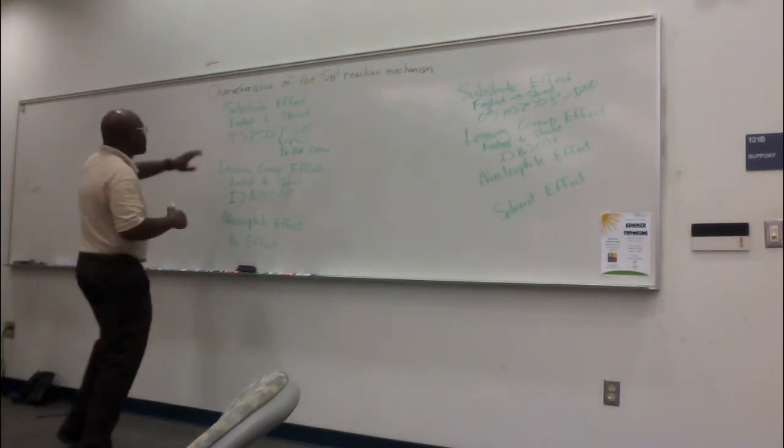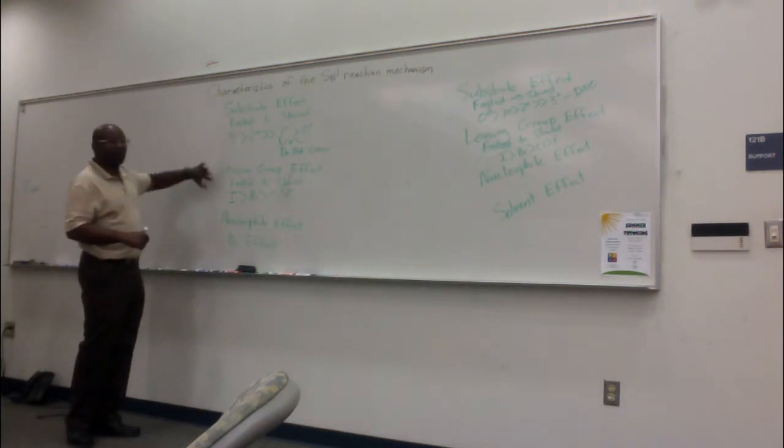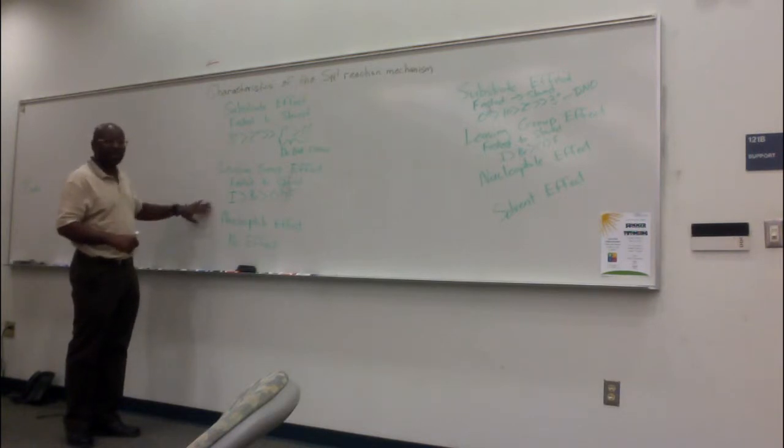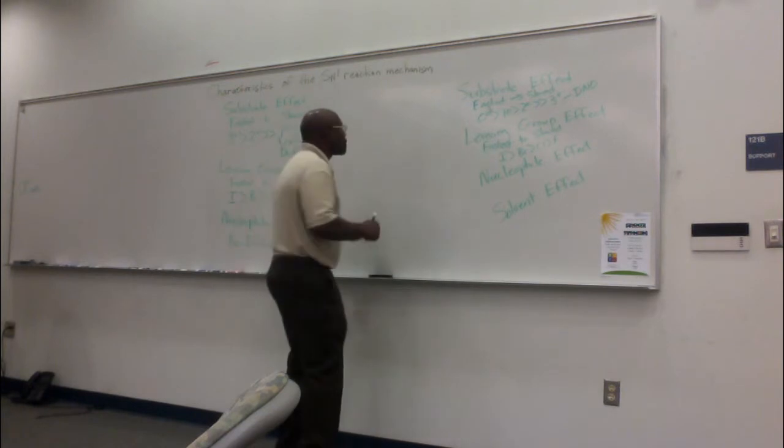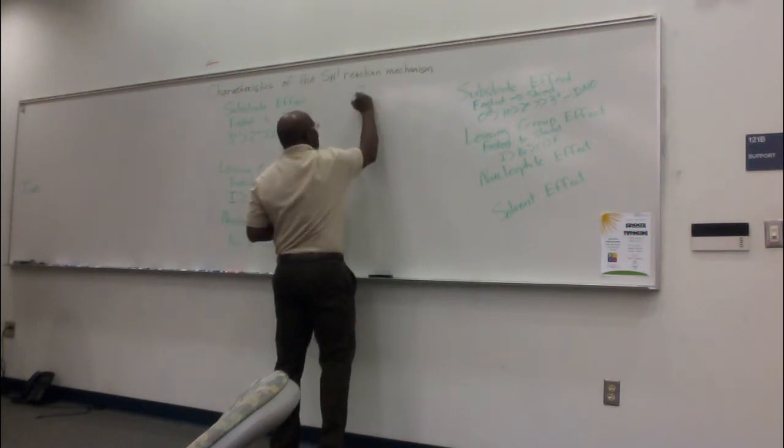Again, I just want to list these here so when you start doing problems, you'll see a whole big switch between the Sn2 and Sn1. So we're still looking at all four effects. And finally, we'll look at the solvent effect.